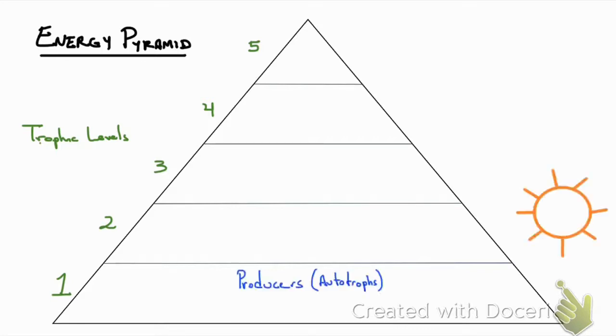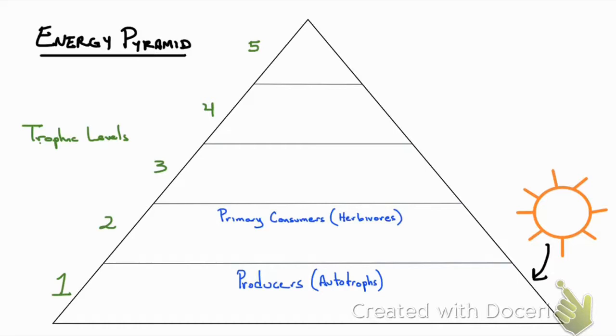At the bottom, we have our producers, which again are our autotrophs. These are organisms that are producing essentially their own food, and in part, they're getting energy from sunlight and inorganic materials. The producers are consumed by our primary consumers, which we defined as herbivores.